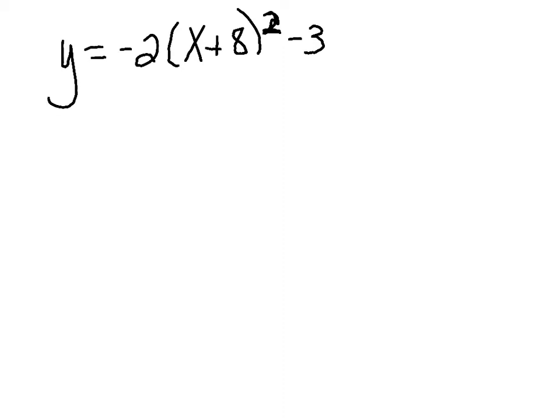In vertex form, I could multiply it all out and then go back to my negative b over 2a. I'm not going to do that all the way, but I need you to make sure that you know that x plus 8 squared equals x plus 8 times x plus 8.